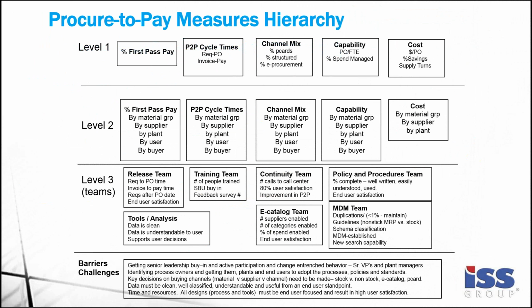Tools and analysis: is the data clean? This one I see often is that the ERP systems are somewhere between 5 to 20% dirty data, meaning names misspelled, duplicates, missing fields, all that data.